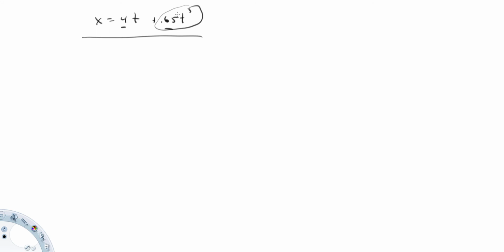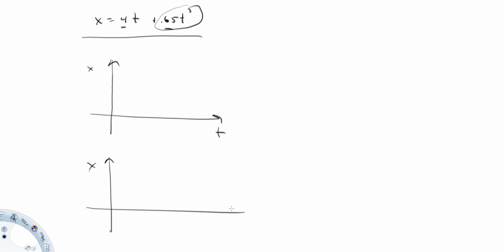Now, the way you tell which one, I'm just going to take these graphs here. You got x against t, and then another one here. And they're very similar in shape. One kind of looks like this, and one kind of looks like this.